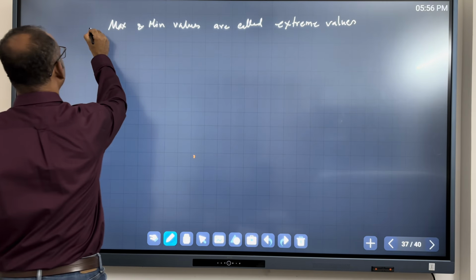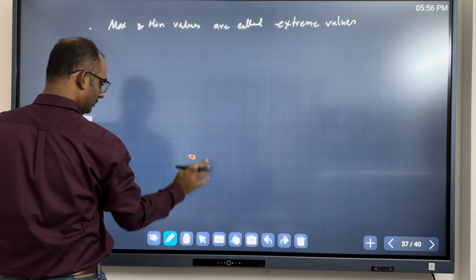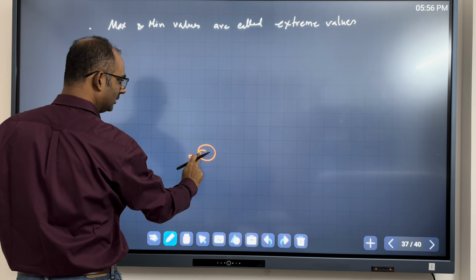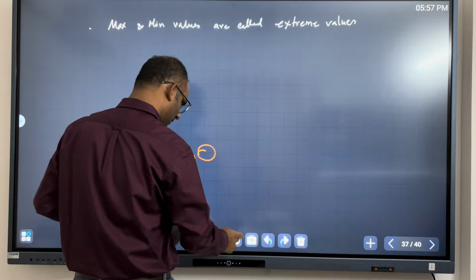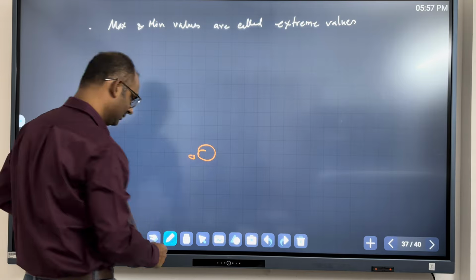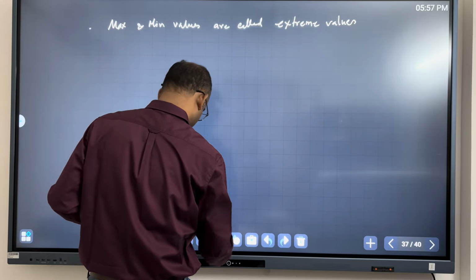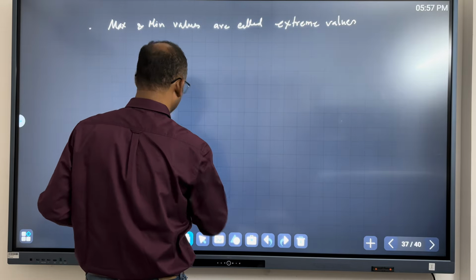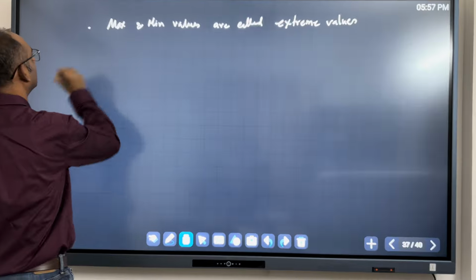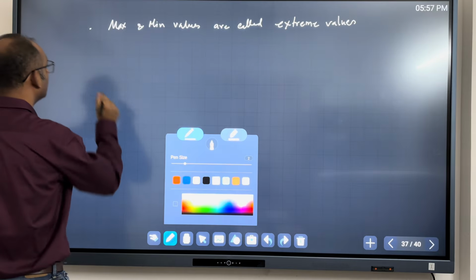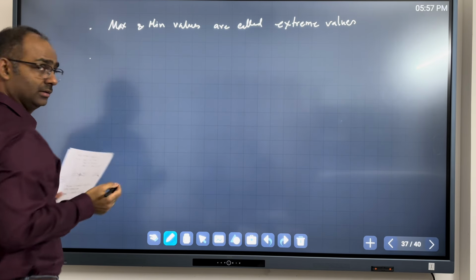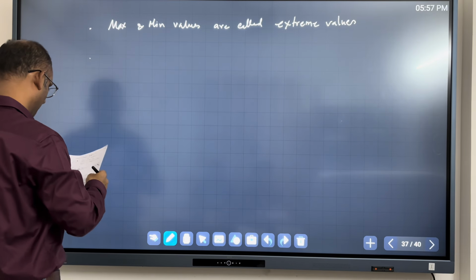And local... Okay, I understand. So I can directly go to another color with this, right? Oh yes, I forgot it.